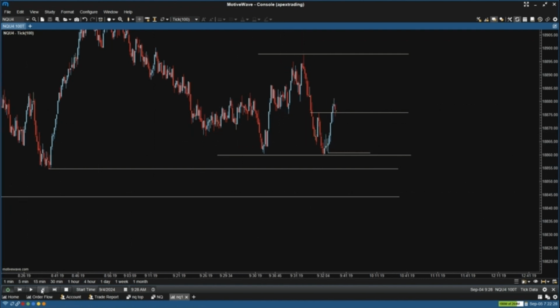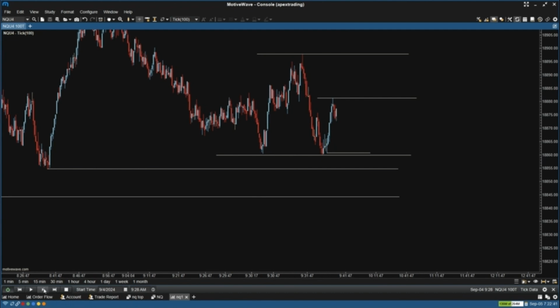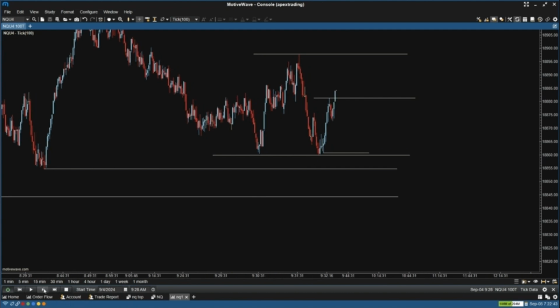So I'm a little bit hesitant now, but I'm thinking long at the moment. If we break this again, yeah, so I'm thinking long now because we are making a higher high.